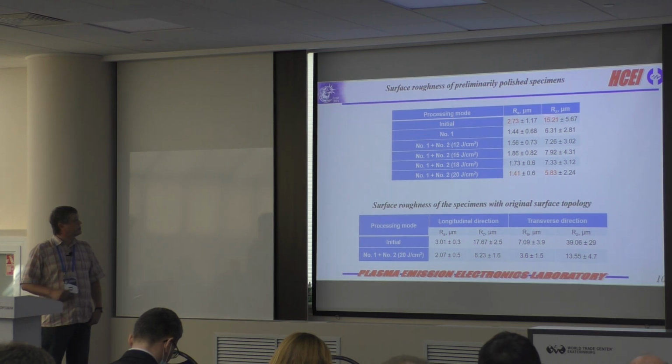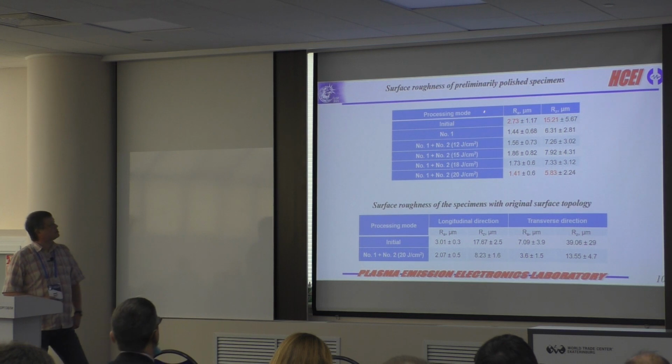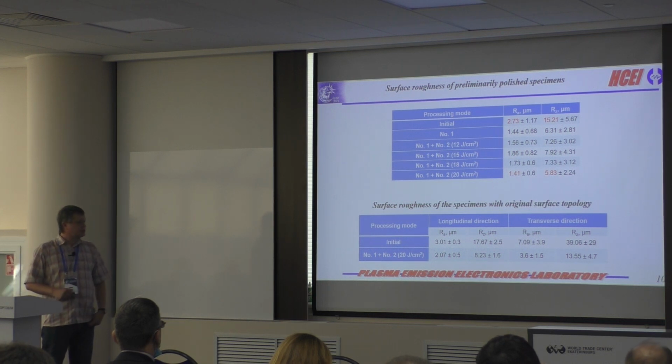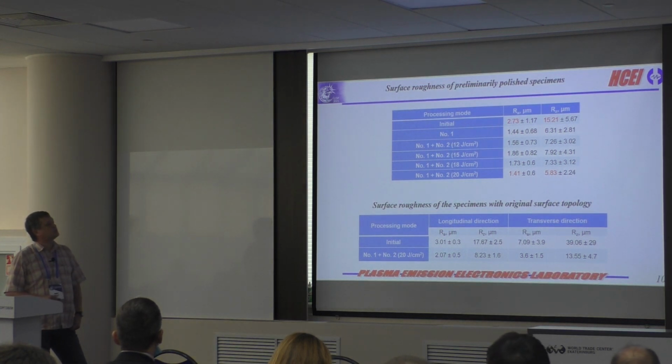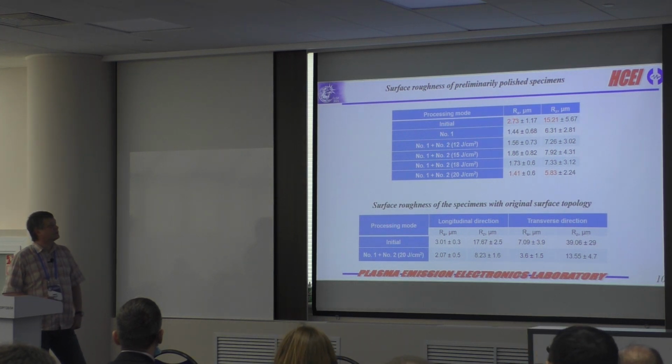Surface roughness in preliminary polished specimens. To define in which mode of treatment we have the lowest roughness, all samples before treatment were polished to the same initial roughness, 2.73 initial roughness for all specimens.